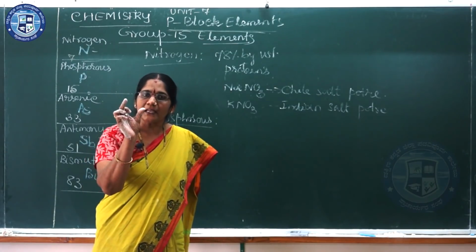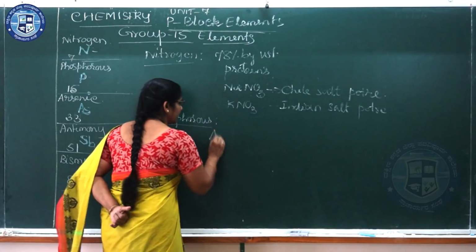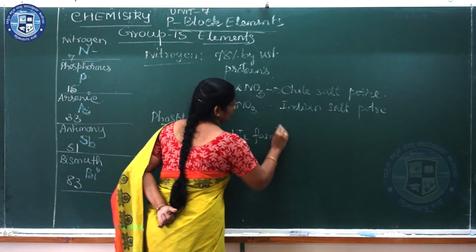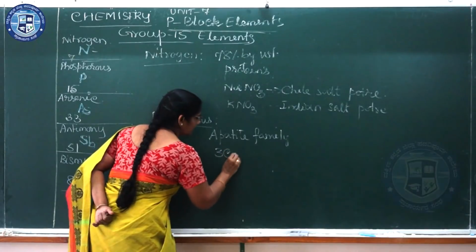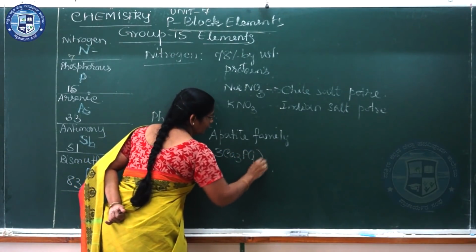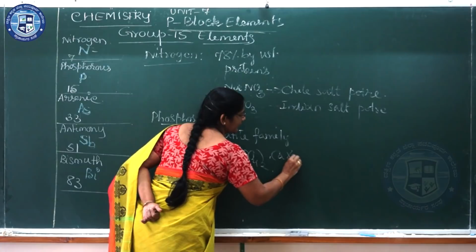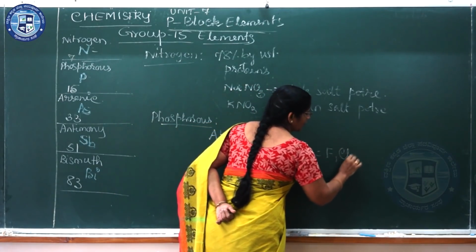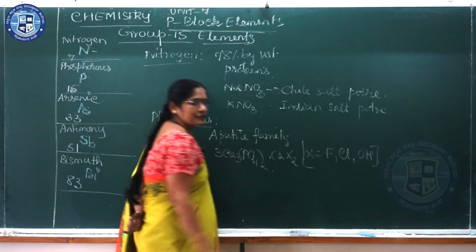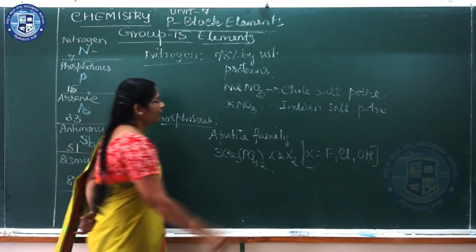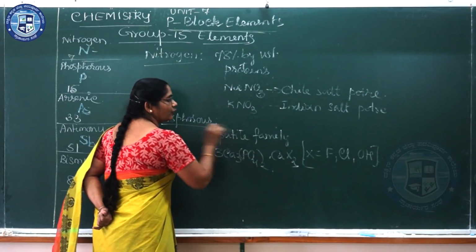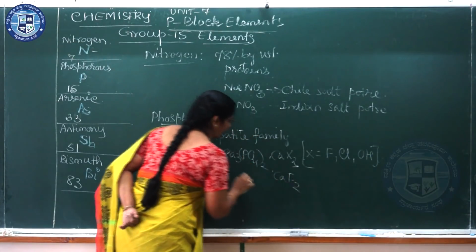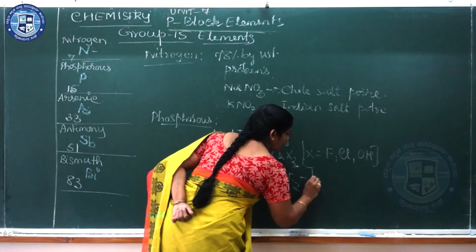So there is a family of minerals called the apatite family, with the formula 3Ca3(PO4)2·CaX2, where X can be fluorine, chlorine or OH. This is called apatite family, and if X is fluorine, this becomes calcium fluoride along with this, and it's called fluorapatite.